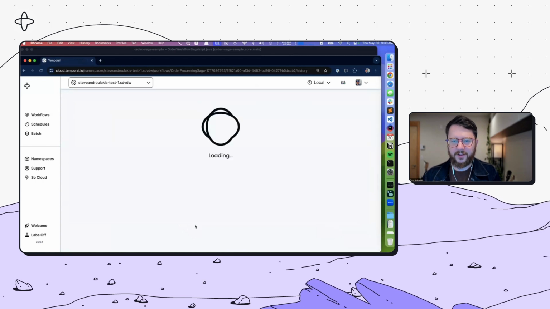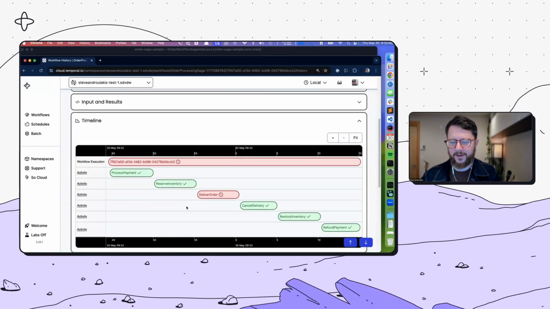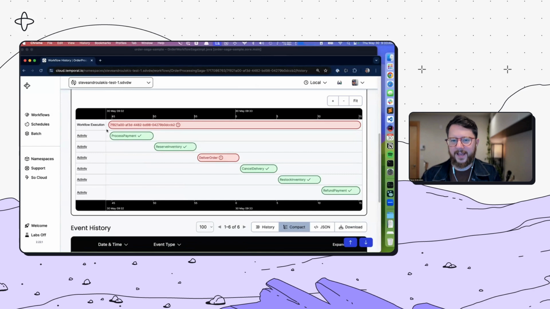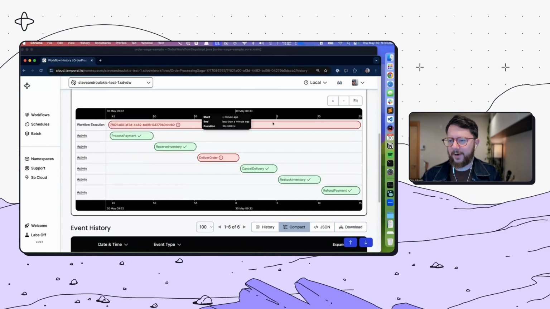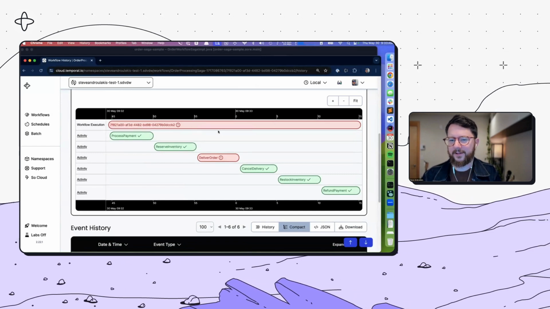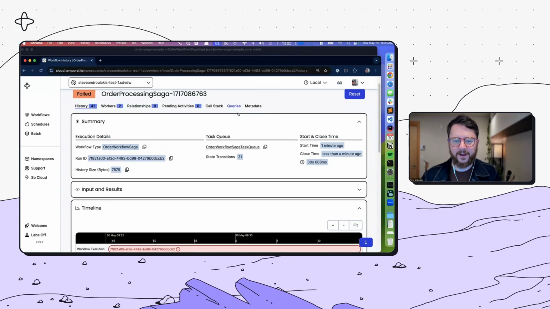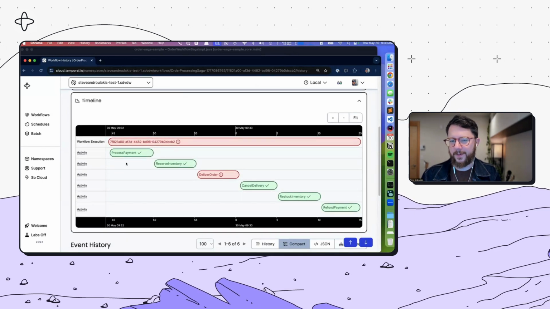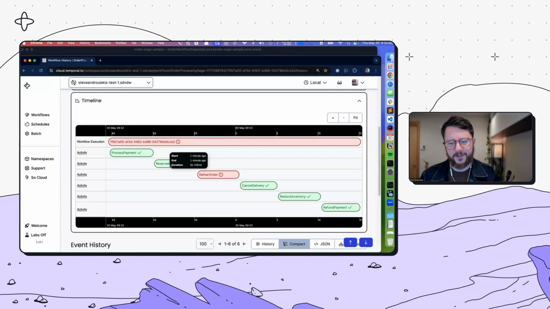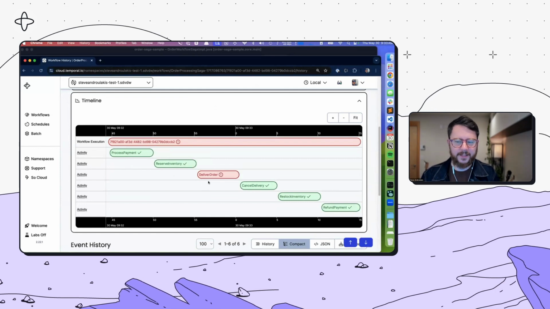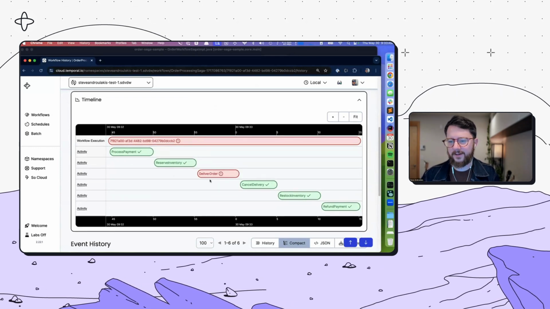And to put that into Temporal's timeline view, we now have a workflow and it's big and angry and red because it failed. If I go up here, it says it failed too, because again, this is unrecoverable. We processed the payment fine. We reserved the inventory fine. Deliver order had that nasty runtime exception in it that you can't recover from.